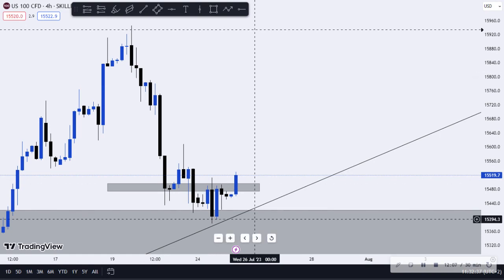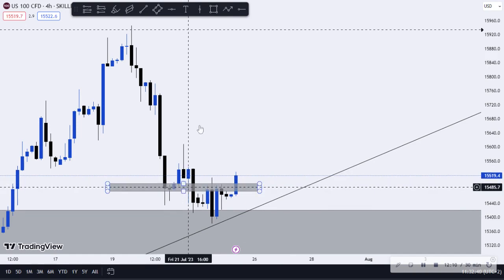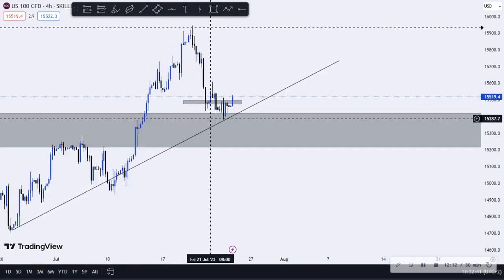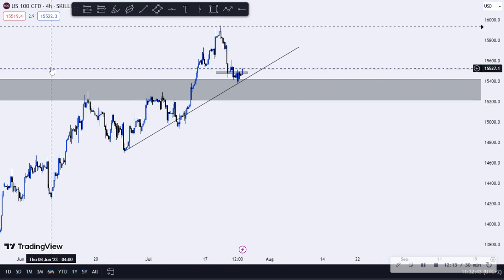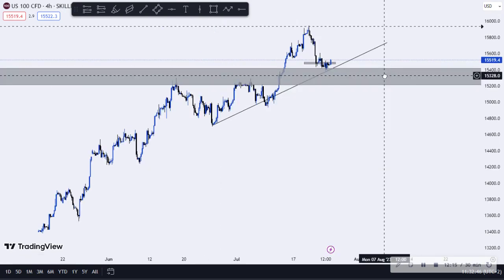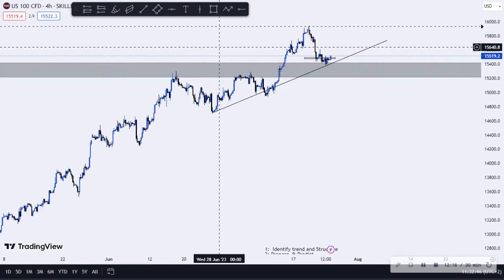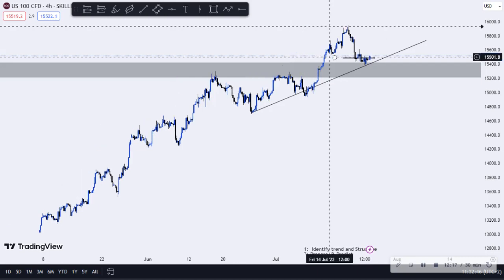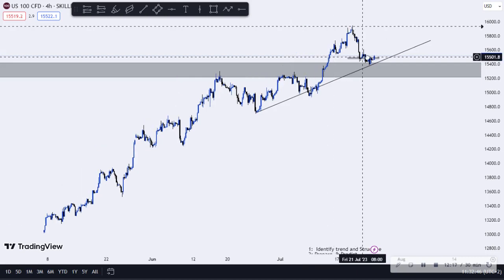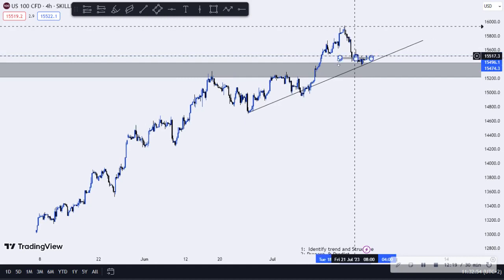Right now, from this point here on H4, taking it a little bit to the back, I just want to see if this structure is tested multiple times, because multiple times, that's what we need, guys. That's what we definitely need from this point here.